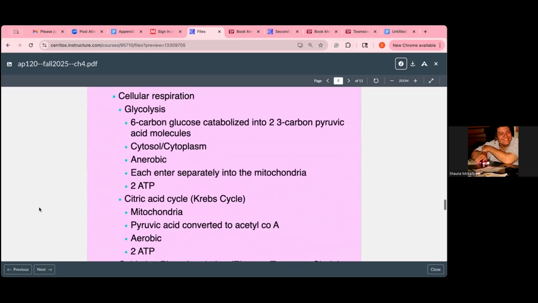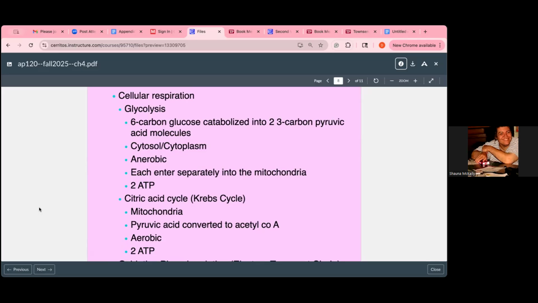So cellular respiration, okay, this is a summary of what I just spent the last 20 minutes showing you, or maybe more. Glycolysis is the first phase, where a 6-carbon glucose is broken apart, it's catabolized into two 3-carbon pyruvic acid or pyruvate molecules, okay?